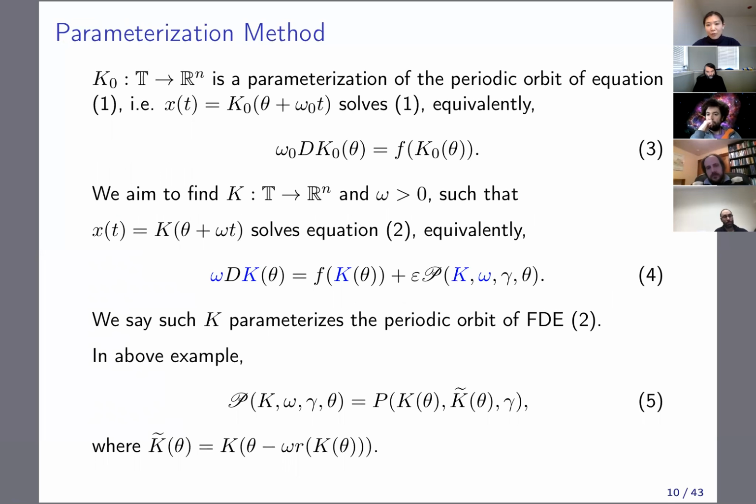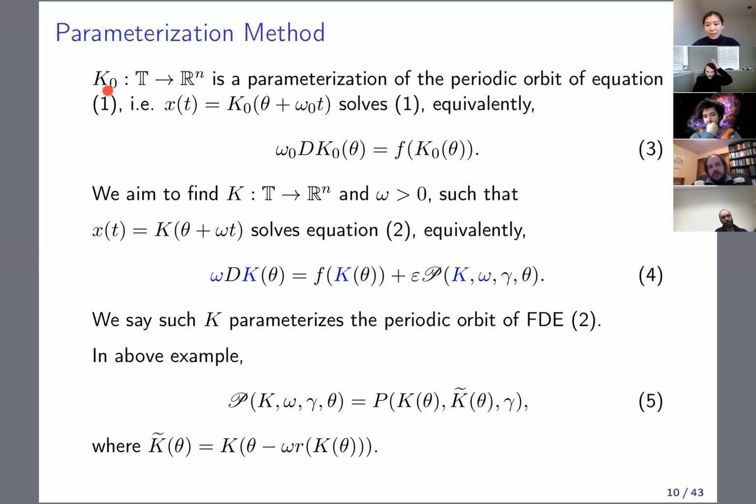To achieve this goal, we will use the parameterization method. We first consider the unperturbed equation. Since we assume the unperturbed equation has a periodic orbit, we start with a parameterization of the periodic orbit of the unperturbed equation. Basically, we start with a periodic function whose image is the periodic orbit of the ODE.